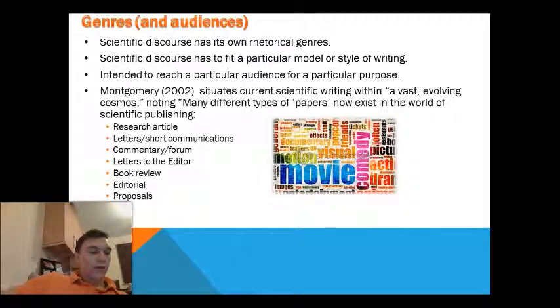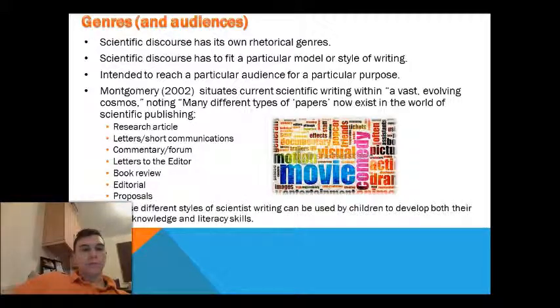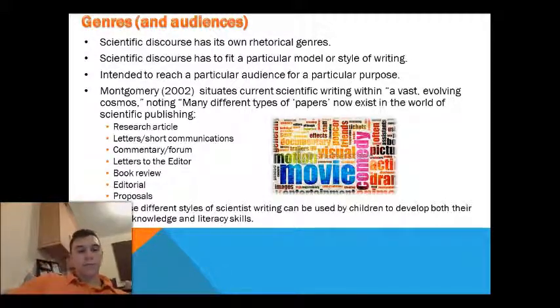A request, for example, a request for interest or funding, or an argument for the significance of certain ideas. All of these different genres can be used in schools to support writing in science and can be used by children to develop their own scientific knowledge and literacy skills.